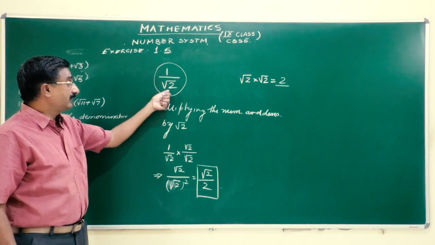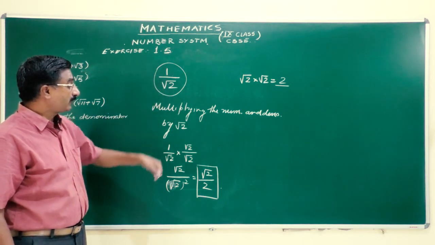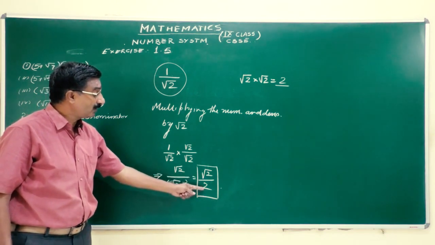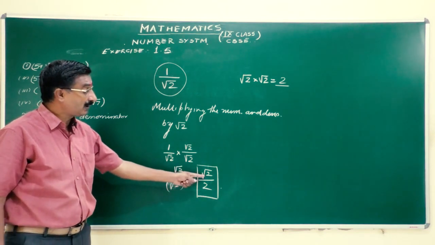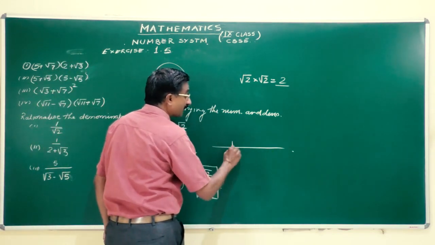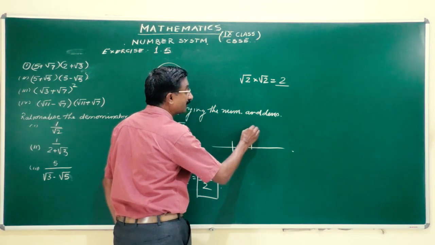So we can mark under root 2 upon 2, that is after rationalization. So you know how to mark under root 2? Very good. You know it. Mark 1 centimeter, draw perpendicular 1 centimeter.